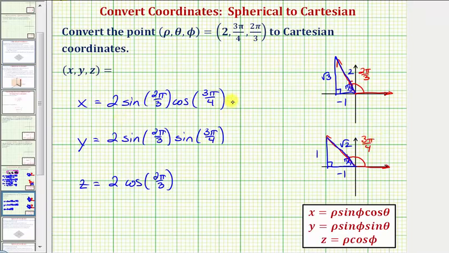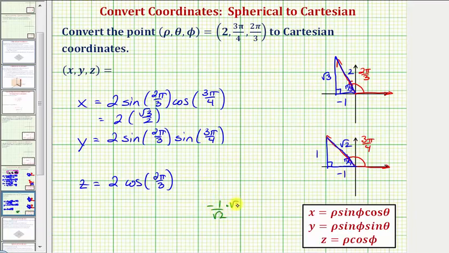So now we can find our trig function values. For x, we have 2 times sine 2π/3 would be equal to the ratio of the opposite side to the hypotenuse, which is square root 3 divided by 2. And then for cosine 3π/4, that would be equal to the ratio of the adjacent side to the hypotenuse, which should be negative 1 divided by square root 2.